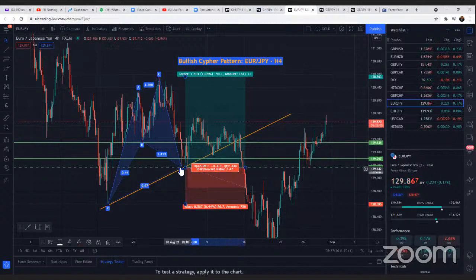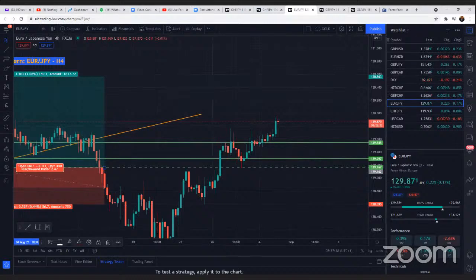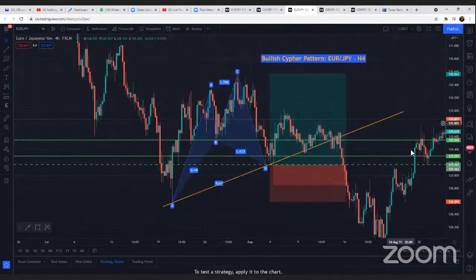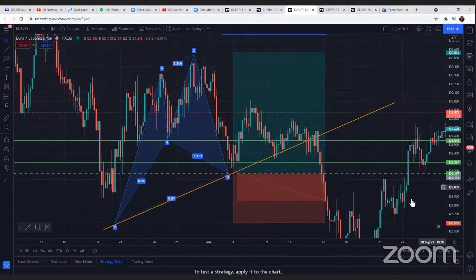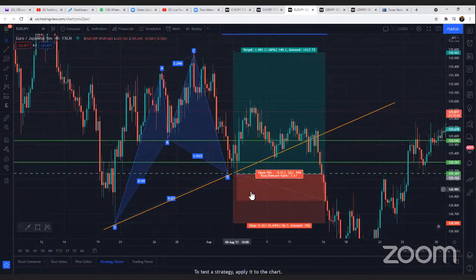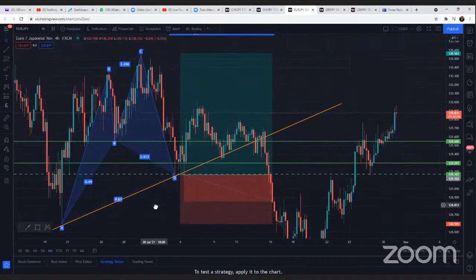Now, notice that these levels are marked alphabetically, XA. Let's check it. X, A, B, C, D. You can see they are swing highs and swing lows, which obviously tells you, or should tell you, that there are areas where you can begin to look to enter trades again.